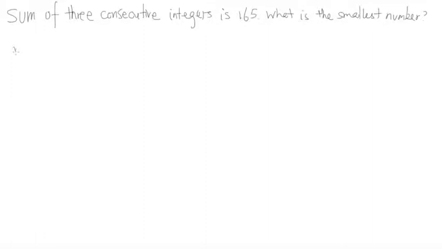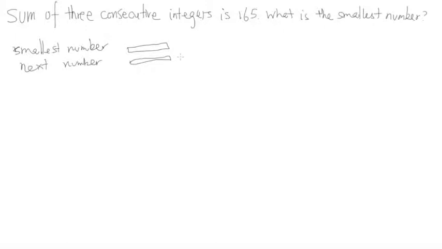Let's say these three numbers. The smallest number, instead of a number, I will use a bar to represent it. And then the next number will be one bigger.